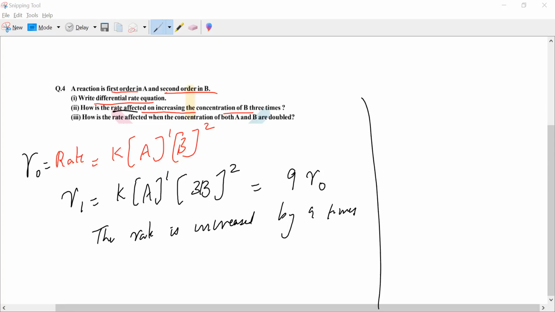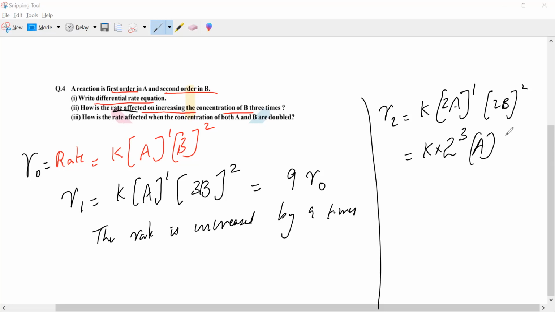And for the second one, how is the rate affected when the concentration of both A and B are doubled? So R2 is nothing but K, where both A and B are doubled: 2A power 1 and 2B the whole square. Correct? So 2 square is here, the total will be 2 cube. K into 2 cube into A power 1 B square.